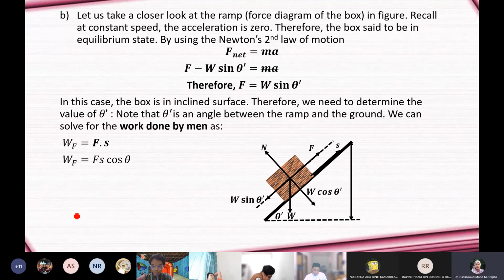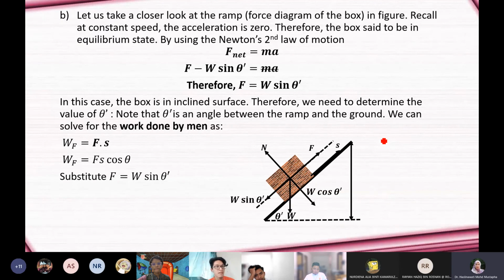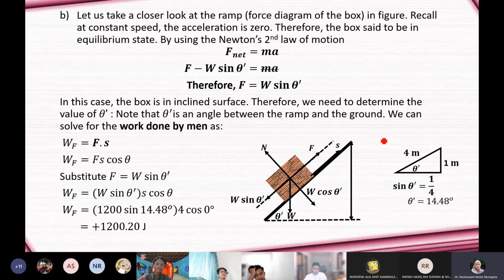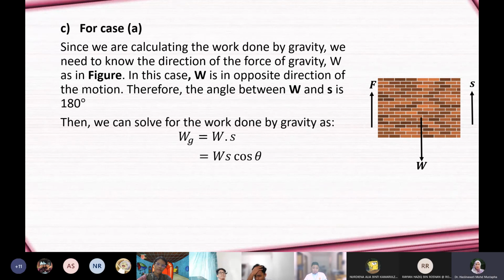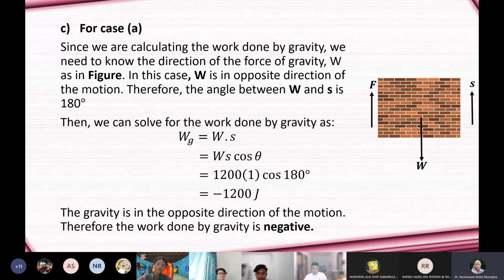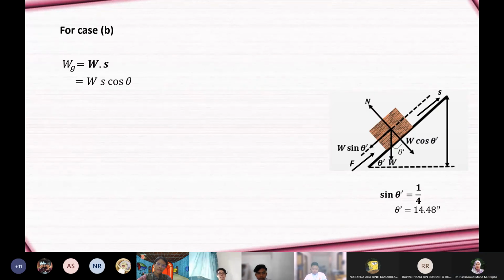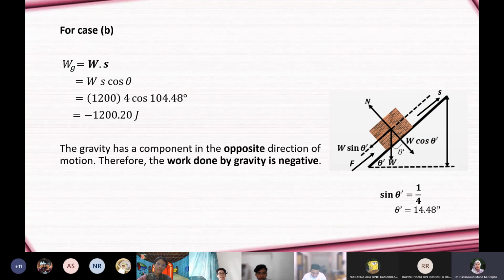They push the box up the ramp until it reaches the truck, up here is the truck. And this is how they calculate it. So this is for C, for case B.